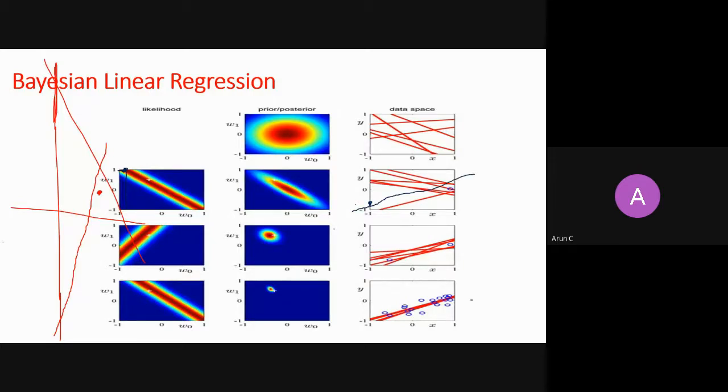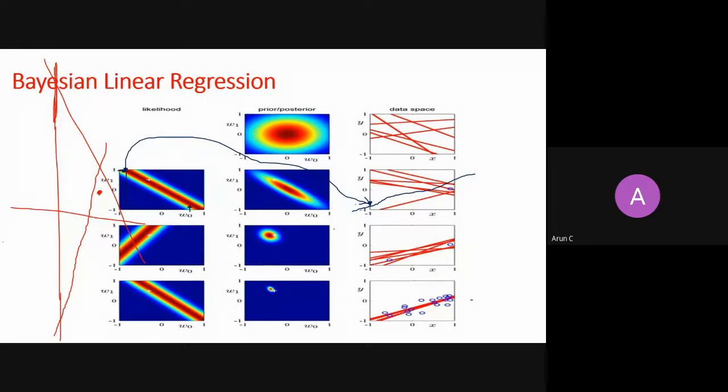So this is this line, which has an intercept of minus 0.8 and a slope of almost 1. If you choose this other line, this point, then the intercept is somewhere 0.7, let's say, and the slope is minus 0.8, right?